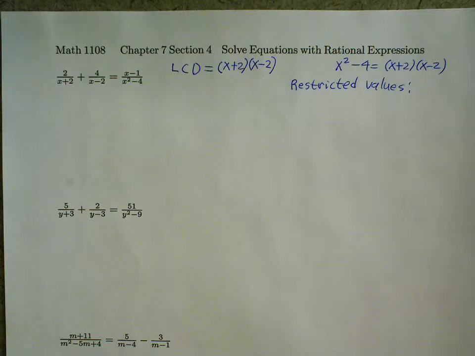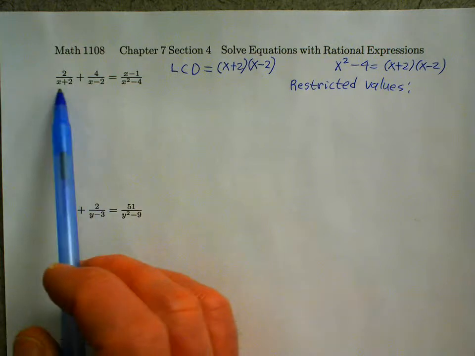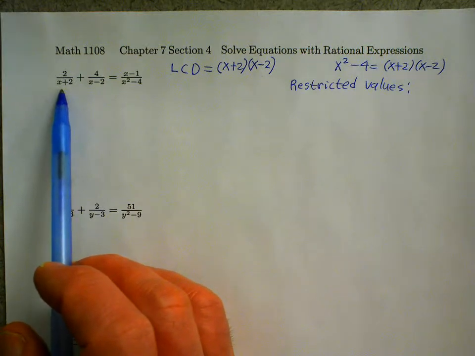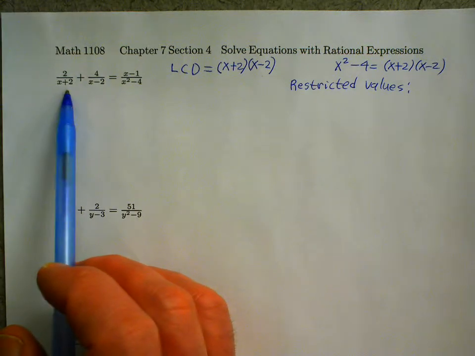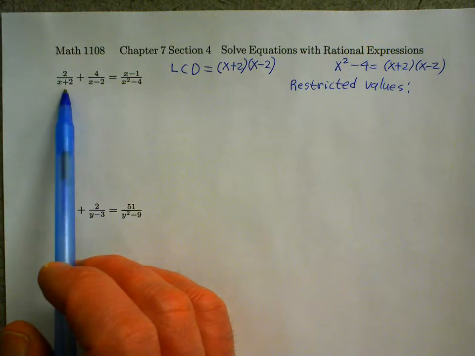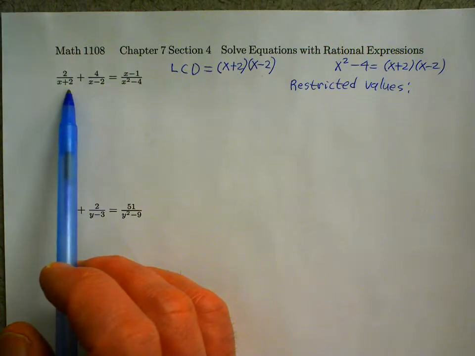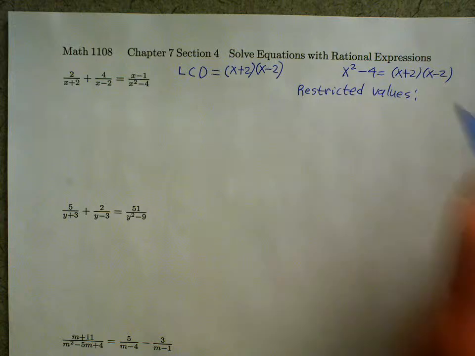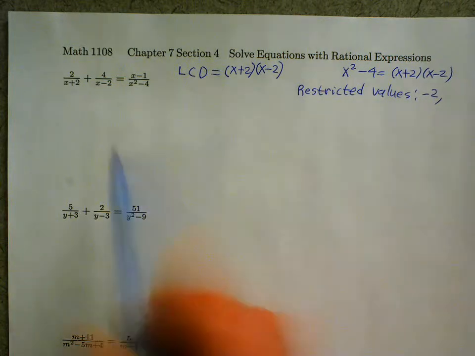A number that you replace x with that makes a denominator 0 is a restricted value. Okay, so let's just look at the denominators. This denominator on the left is x plus 2. What x value would make x plus 2 equal to 0? Negative 2. So negative 2 is a restricted value.